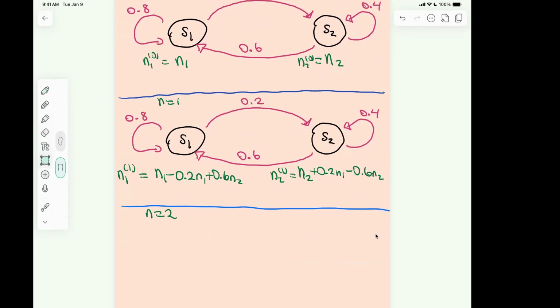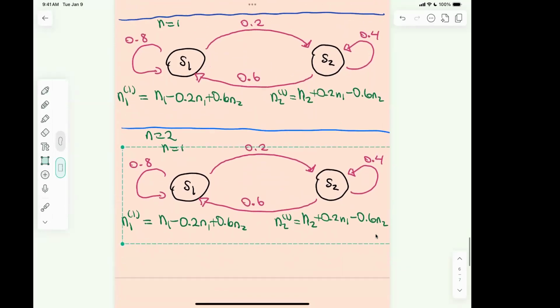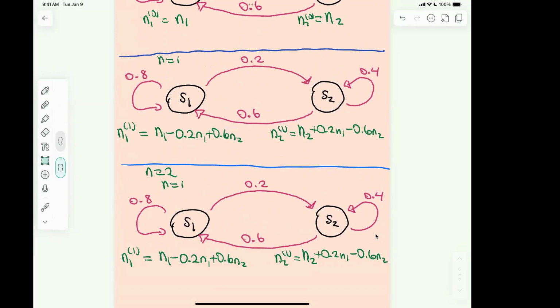But again, our assumption is that the percentages are not varying from year to year. So it's still going to be the case that 80% keep their cell phone and 20% get rid of it, and so on, right? So if you were to compute the populations after year 2, it is the exact same formula, but you just use the previous numbers, the populations immediately preceding it.